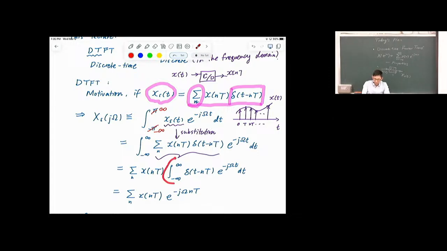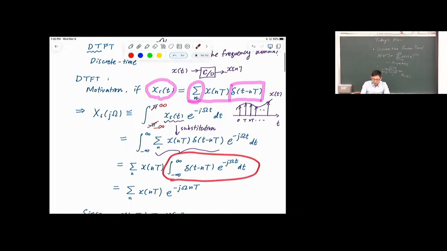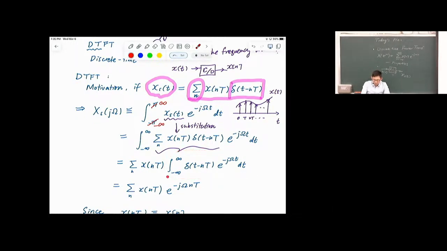Why is it trivial? Because we are integrating in time, but the only time where this expression is not zero is right at t equals n times the sampling period.